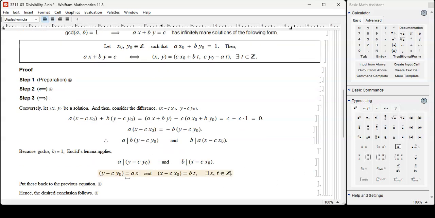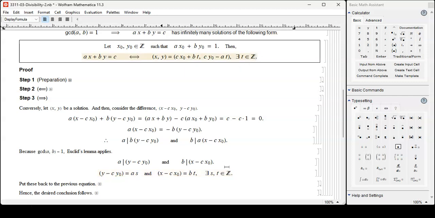Yeah, this thing is A times S, and that thing is B times T. We have to have two different integers. Each time we use existential quantifier, we have to bring in different character. So some integer times A, some integer is S, some integer times B, that's T. And then let's see, we have to bring those down to just one integer.